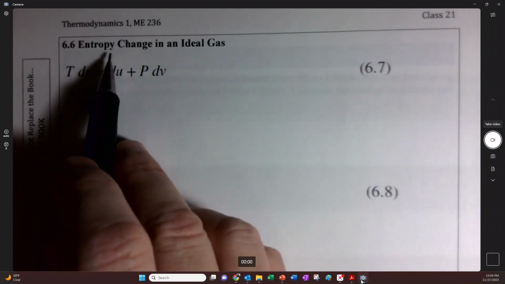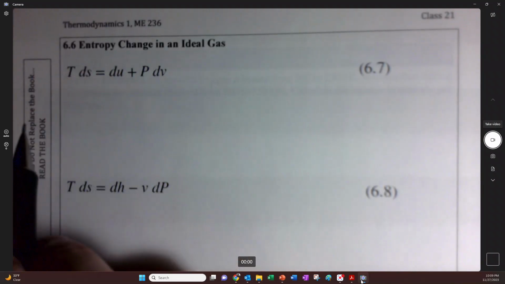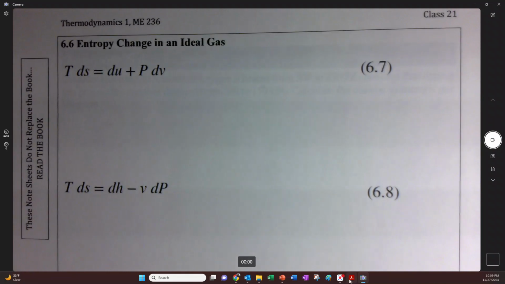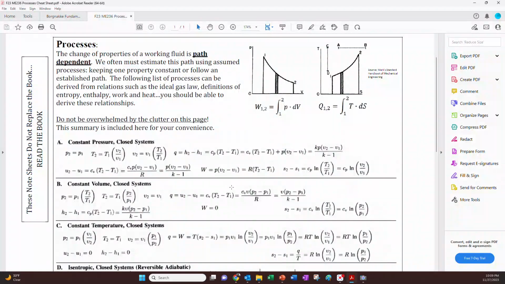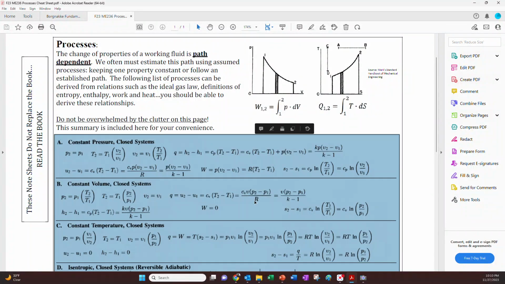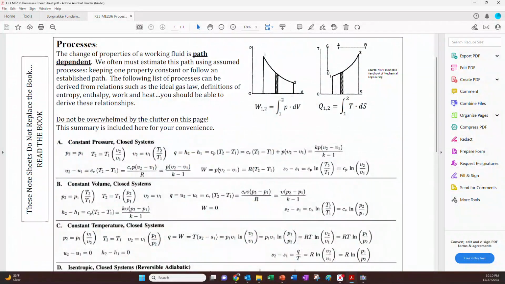So first off, entropy change in an ideal gas. One thing to remember when using this cheat sheet is that these are all ideal gas based. You'll see that a lot of them have Cv and Cp in various places. Those are always an assumption of constant specific heat, either at constant volume or constant pressure.